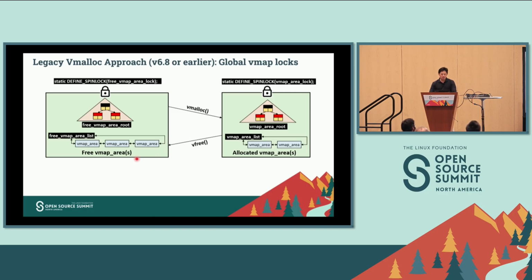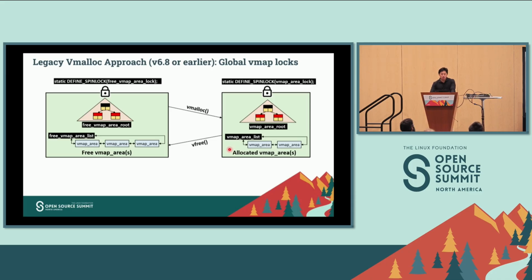The first one is the free, unallocated vmap area space. The second one is the allocated vmap area space. Each space has a pair of a red-black tree and a linked list. The tree is used to find a corresponding entry efficiently, whereas the linked list provides constant-time access to the previous or the next element.